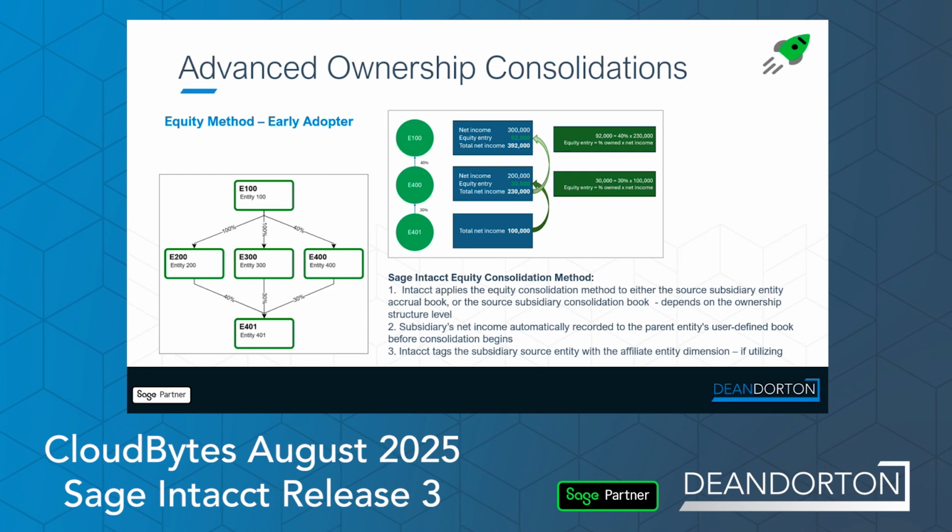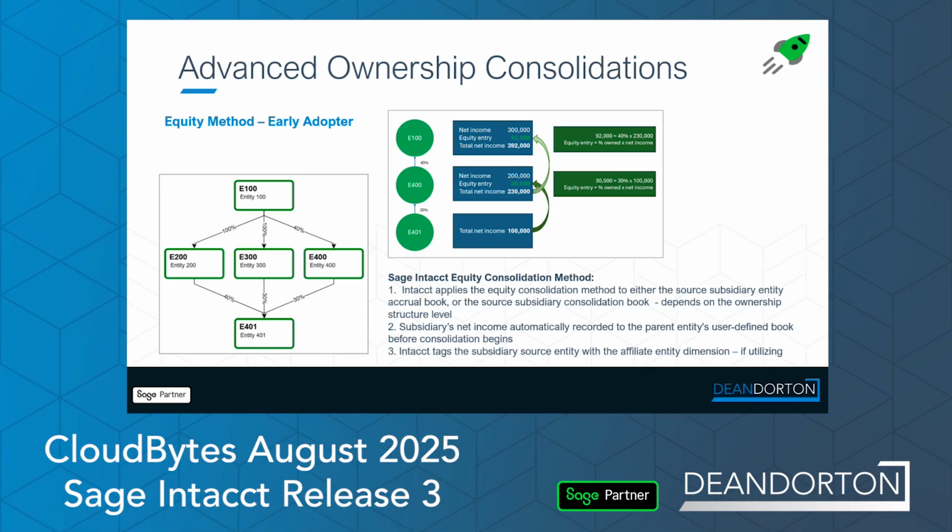And this is an equity method of ownership consolidation. So you're looking at equity entries in multiple different entities, basically pooling that together and deciding then how the consolidations occur within that environment. So your consolidations are dependent upon the equity method within your organization.